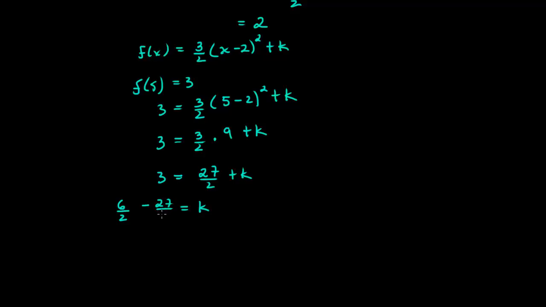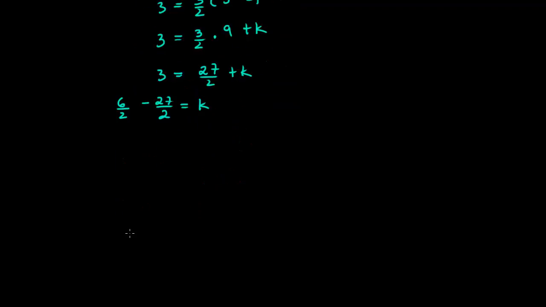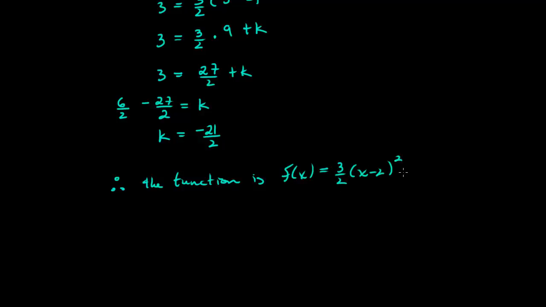And I get k is equal to 6 over 2 minus 27 over 2. So k would be equal to minus 21 over 2. So therefore, the function is f(x) is equal to 3 over 2 times (x minus 2) squared minus 21 over 2, where we finally figured out what k is.